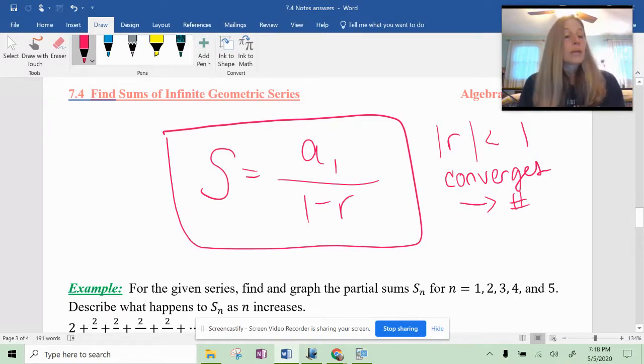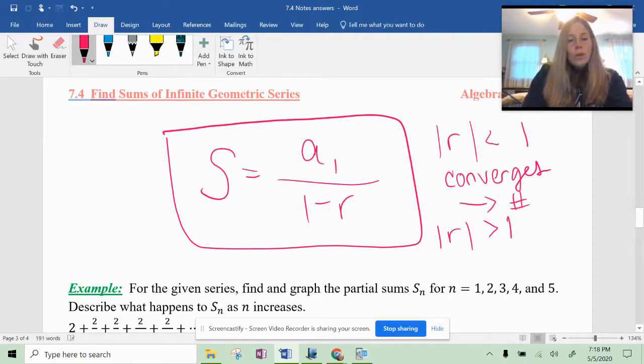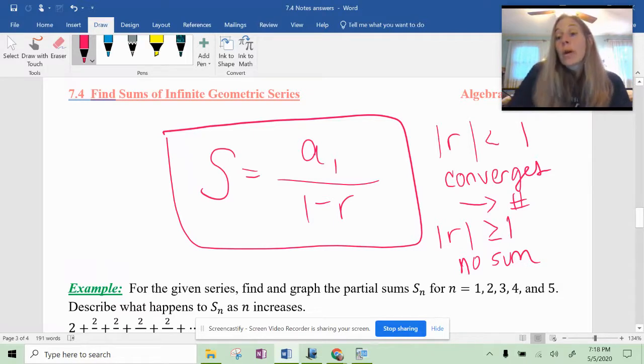If the absolute value of r is greater than or equal to 1, then there is no sum. You would just write no sum and you don't have to do any work. Those are kind of nice, but people always forget about those.